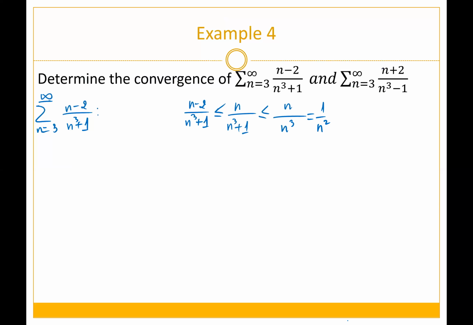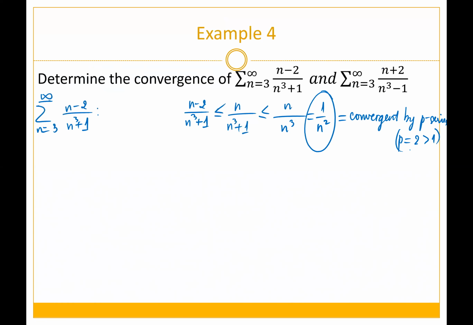And now what you have is 1 over n squared. And one thing I would highly recommend with a rational function, you just choose the biggest power degree in the numerator and the biggest in the denominator and divide one by the other. Usually that's the case, and you're going to have the series that you choose to compare with. And here, by what we just learned about P series, this is convergent by P series, because p here is equal to 2, bigger than 1.